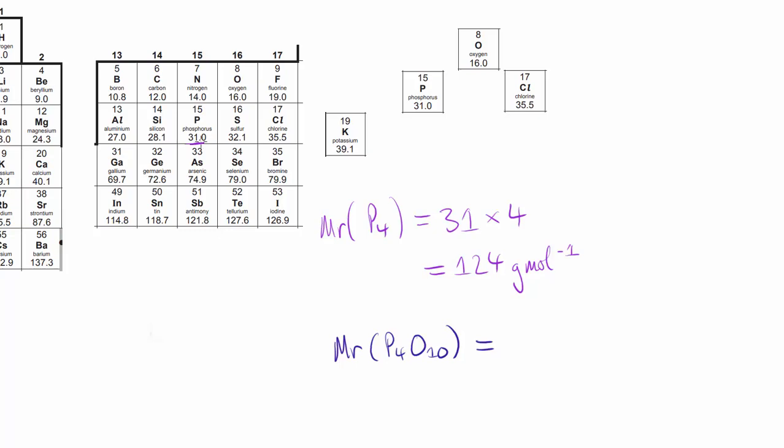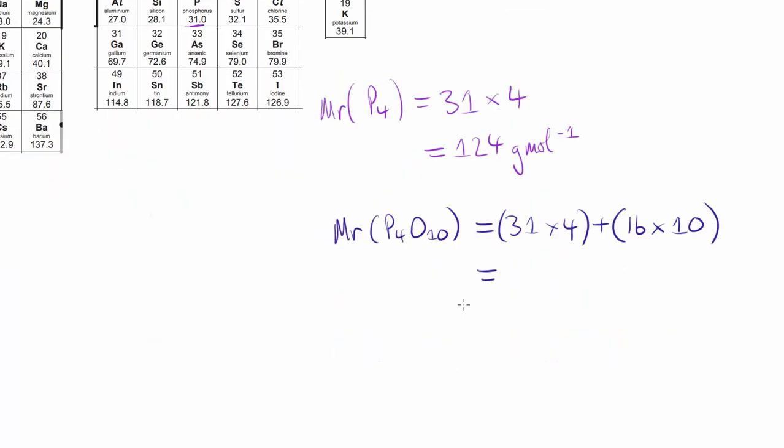Well, that's going to be equal to, for phosphorus, we've got 31, so that's going to be 31 times 4. And then for oxygen, we've got 16, so that's going to be 16 times the relevant coefficient here, which is 10. And if you work that out, that's going to tell you the molar mass for P₄O₁₀.